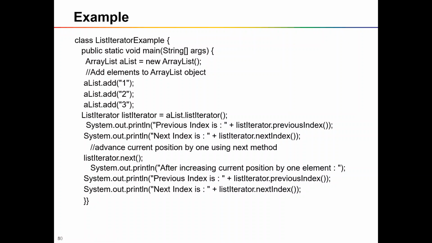So with list iterator, we are using methods like previousIndex and nextIndex. It will simply return the index number. So 0 will be printed, and nextIndex 1 will be printed, and next in the sense it will move the cursor to the next position and return the corresponding object, and previousIndex and nextIndex. So likewise you can use the methods of list iterator for accessing elements in both directions of a given list.